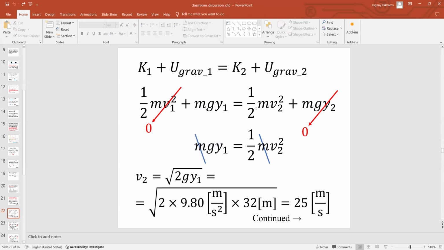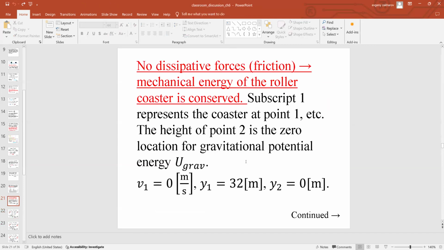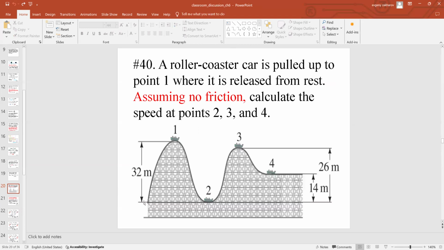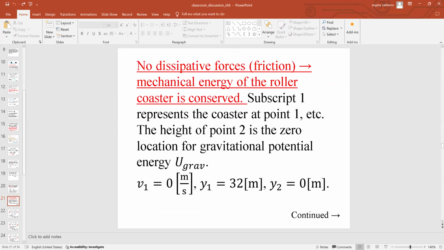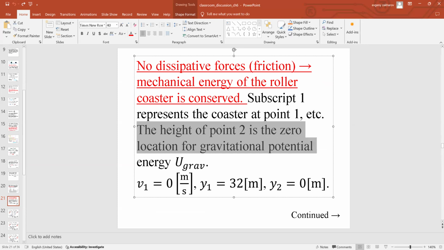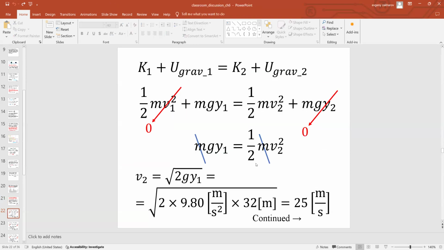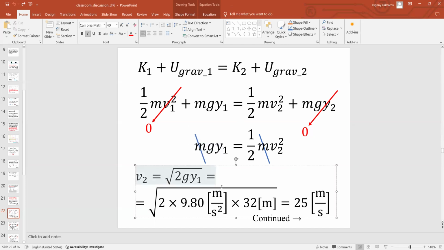And then it reaches point 2. Point 2 is the 0 location for gravitational potential energy. So potential energy at point 2 is 0. It's just given. That's what we take our 0 level for. So your kinetic at point 2 is potential at point 1. Mass cancels again, and you solve for how fast it goes. Radical 2 g y sub 1, and plug in the values that are given.